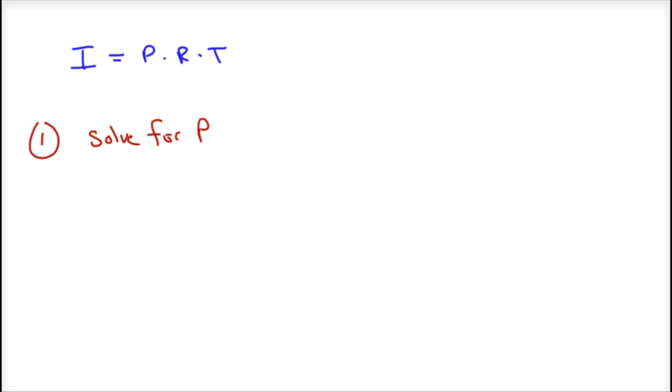If we're solving for principal, so if we do not know what the principal is, we want to set this equation up so we can solve for P. So I want to get P equals something. All right? So if we take our I equals P times R times T, I want to solve for P. So I want to get rid of the R and the T. Since this is multiplication, what's the opposite of multiplication?